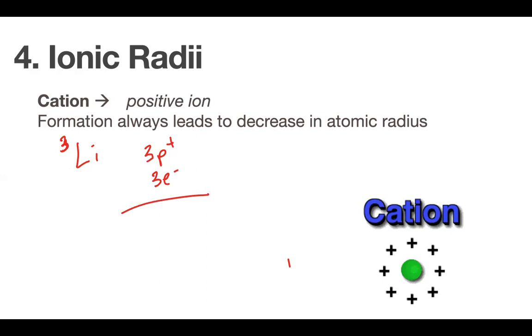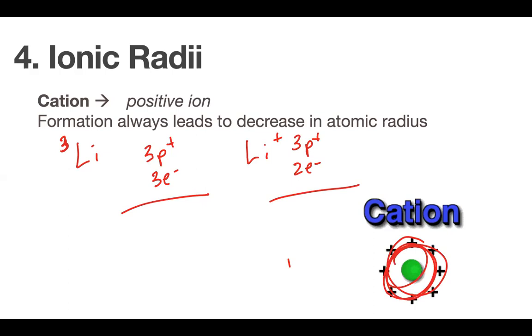When it becomes a lithium ion, it has lost an electron, but you still have 3 protons, and now you only have 2 electrons. So you have the same amount of positive charge, but less negative charge, which means the positive nucleus is going to have a greater effect on the electrons.